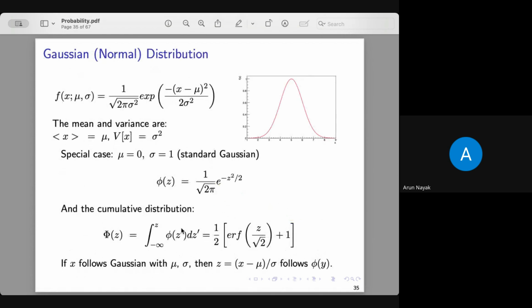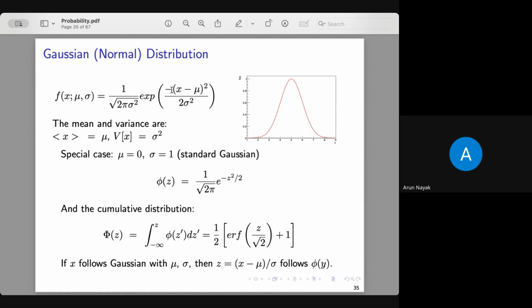Okay, next, the Gaussian distribution, which we also call the normal distribution. I already gave one example of it when I talked about the characteristic function. The PDF is written as 1 over square root of 2 pi sigma squared, times exponential of minus (x minus mu) squared by 2 sigma squared, where mu and sigma are the parameters, and mu is called the mean, and sigma is the standard deviation.